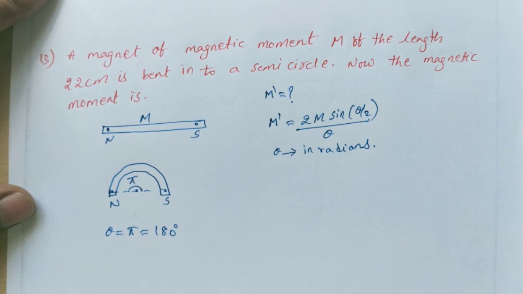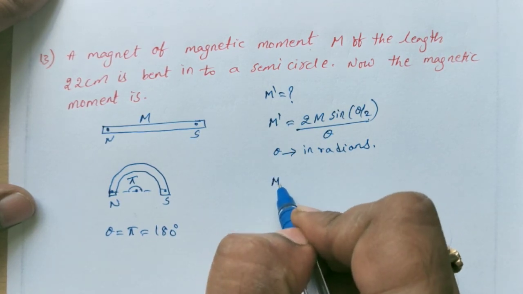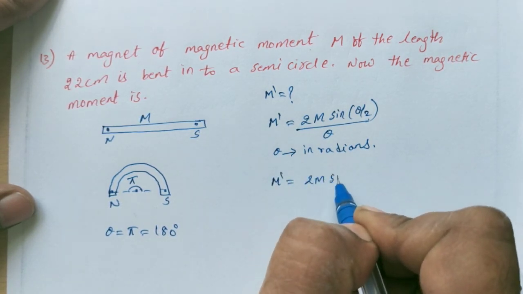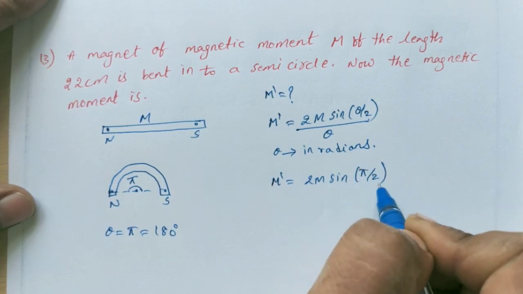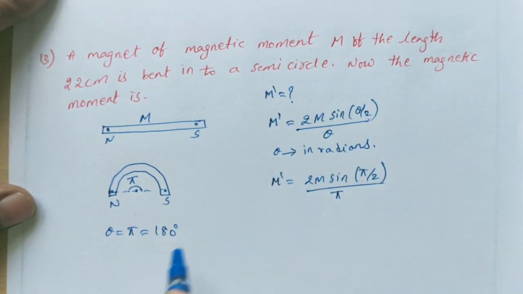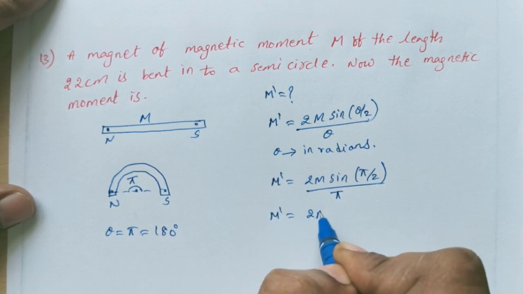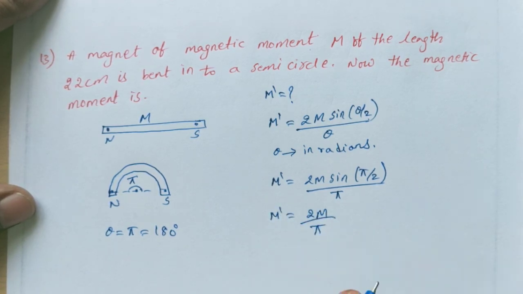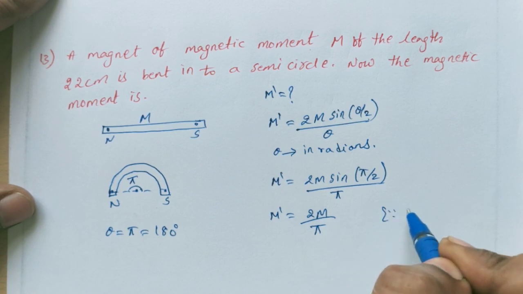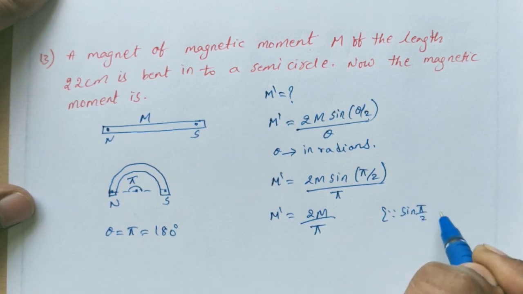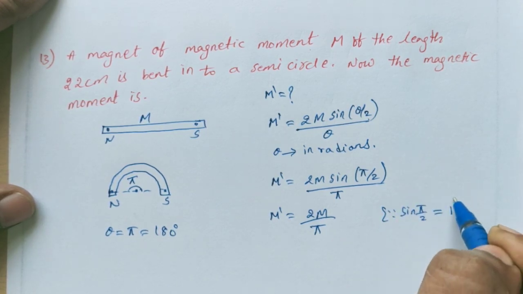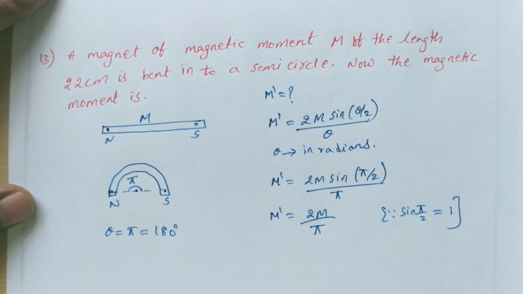So m dash is equal to 2m sine pi by 2 whole divided by pi. Since sine pi by 2 is sine 90 degrees, which is 1, m dash is equal to 2m divided by pi.